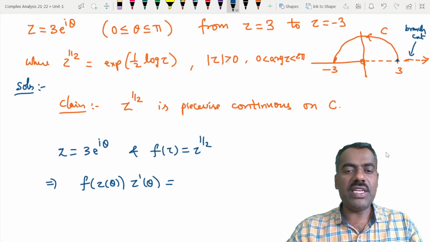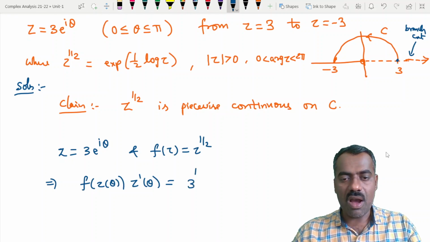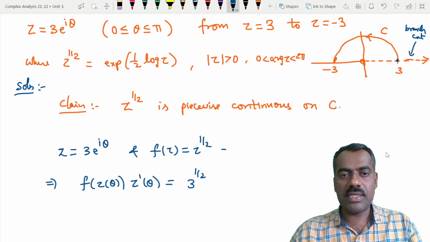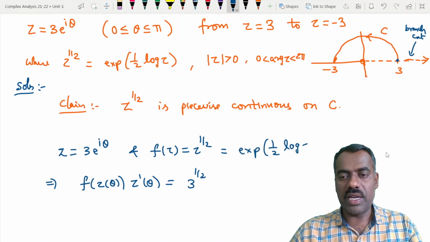So f of z of theta is 3 power half, which you can write here as exponential of half log z, right?